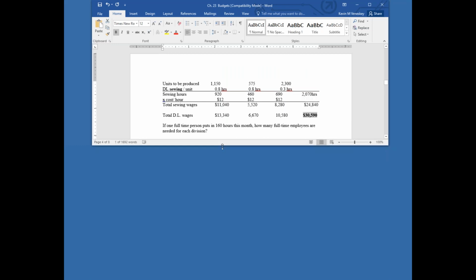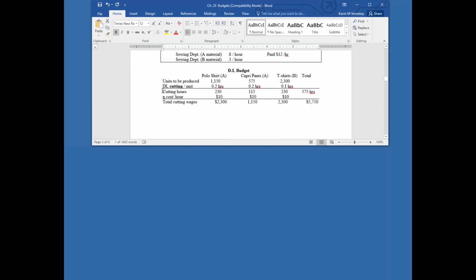Now, the other thing I would like us to determine is, now that I know how many hours I'm going to be using in each department, how many employees do I need? Do I need to find 2 employees or 10 employees? There's a real simple way we can do this. Let's go to the cutting. How many total hours am I going to need altogether?